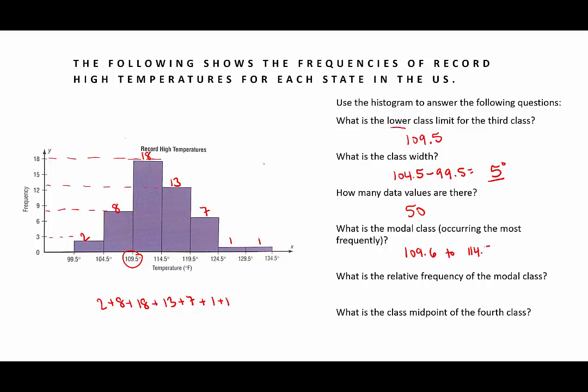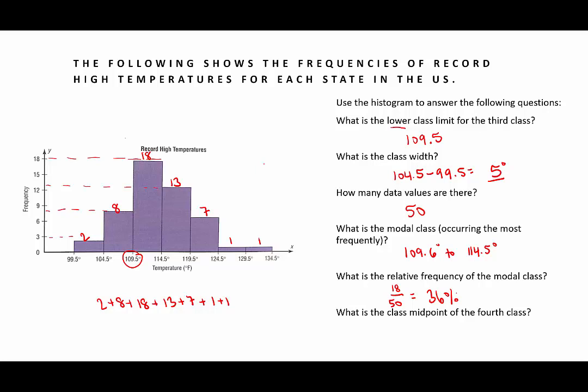I don't like including it in both classes, so I'm going to change it ever so slightly. What is the relative frequency of the modal class? So the relative frequency, we take the number in that class, which is 18, and divide it by the total, and then we could multiply by 100, and we'll get 36%. So 36% of states had a record high temperature somewhere in between 109.5 and 114.5.